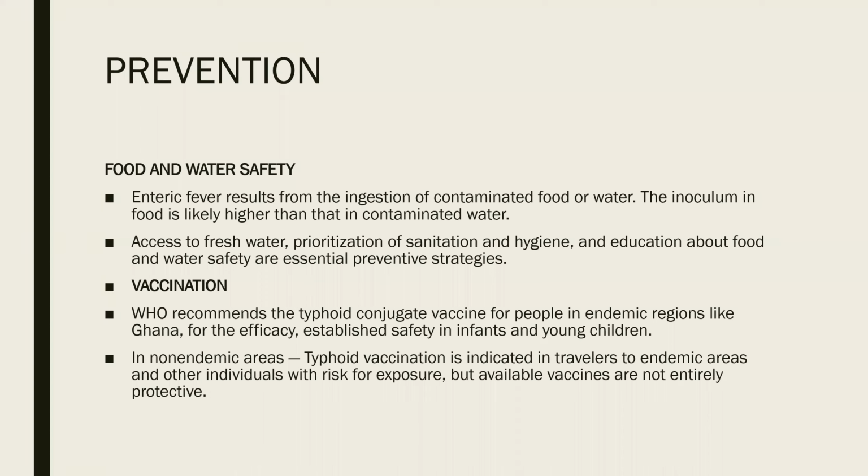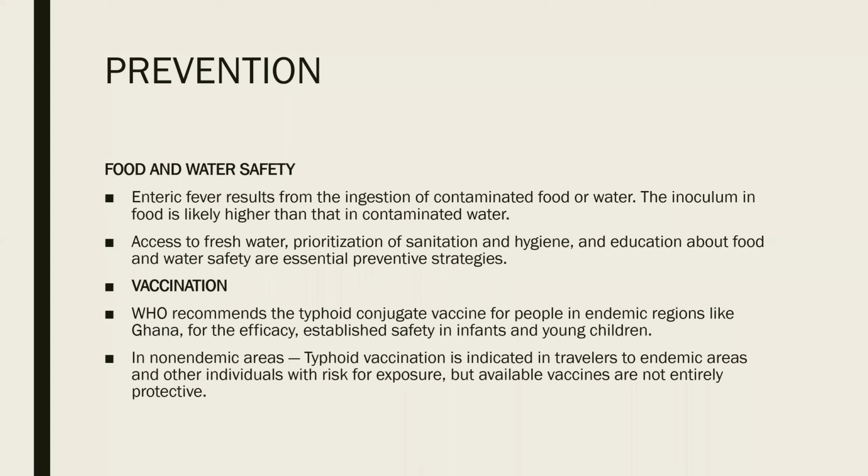Now, concerning vaccination, there are vaccines available for enteric fever. There are recommendations for endemic regions like us, and then for the non-endemic areas. So basically for us, it recommends the typhoid conjugate vaccine.